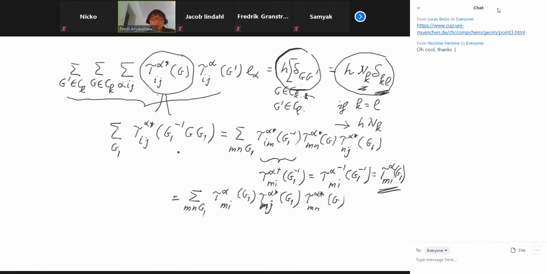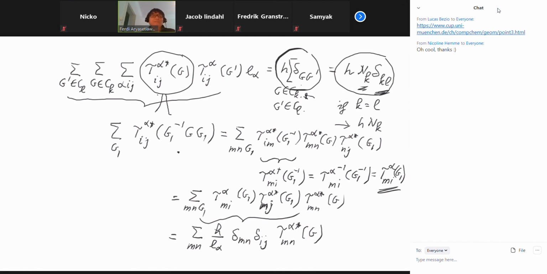Now I can use this orthogonality theorem for that. Now the sum over G1 gives me MN and then H over alpha and delta IJ and T alpha star and G.